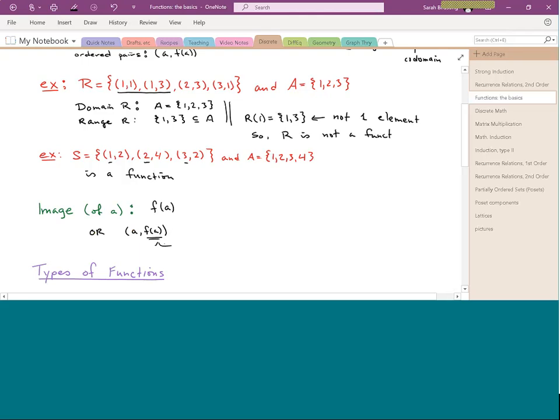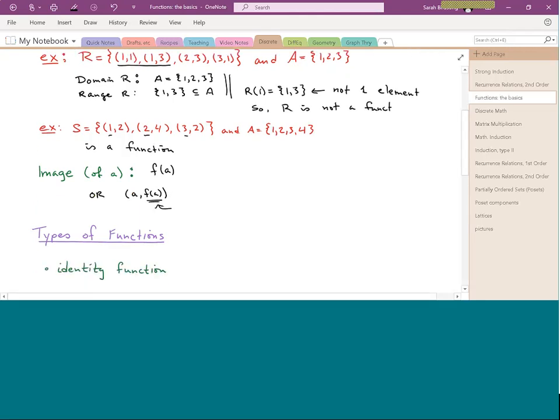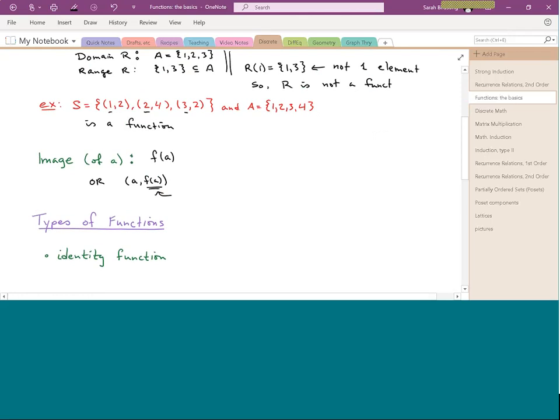In other words, this image is calculated in a very similar way to those equivalence classes from just a little while ago. The only difference here is you're not assuming that you start from an equivalence relation, we're assuming we start from a function. And while there are some equivalence relations that are also functions, typically there's not an overlap. But that would be the idea of image. It's the stuff you get back once you plug in whatever element you care about.